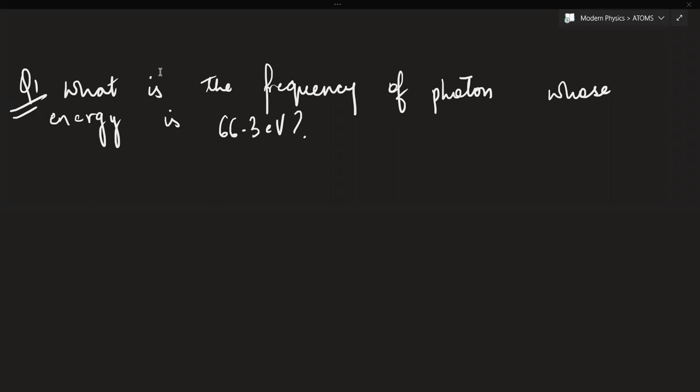See, you have energy with you. Relate energy with frequency. You have a relationship between energy and frequency. Apply that formula.